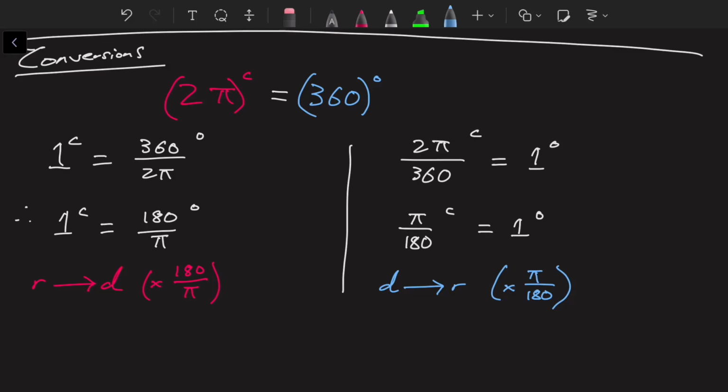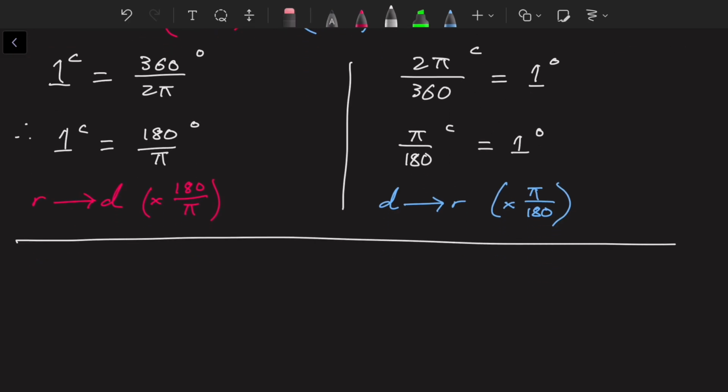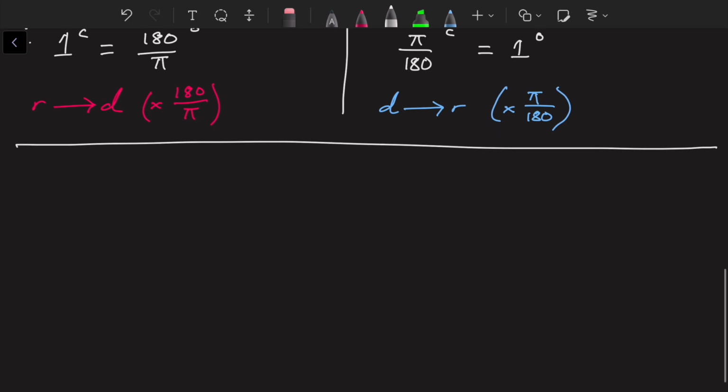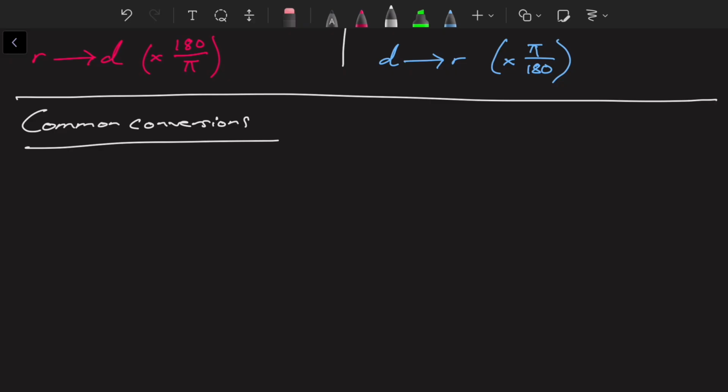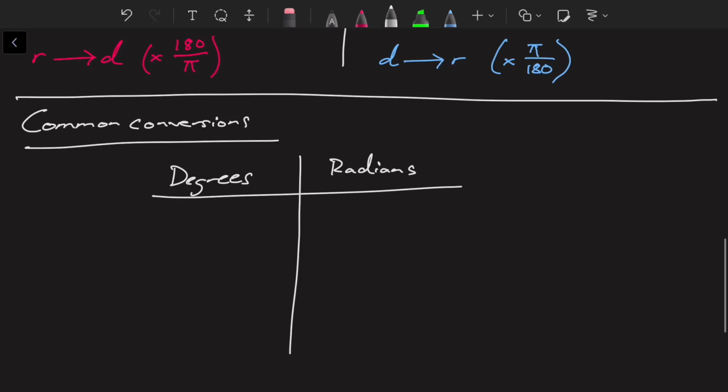Great. Now, those conversions are going to be helpful, but we can also just vibe them a little bit. We don't need to use this conversion formula all the time. So we're going to label these common conversions. Let's just make this table. We'll go with degrees first because that's more familiar. And we can just fill this in and do a bit of division as we go. 360 degrees is 2 pi radians.